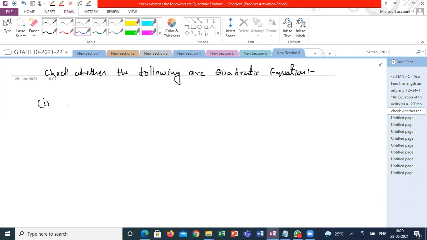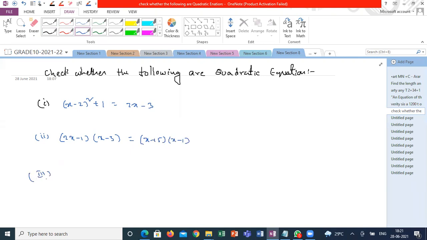I'm giving the equations. First: x minus 2 whole square plus 1 is equal to 2x minus 3. The second one is 2x minus 1 into x minus 3 is equal to x plus 5 into x minus 1.